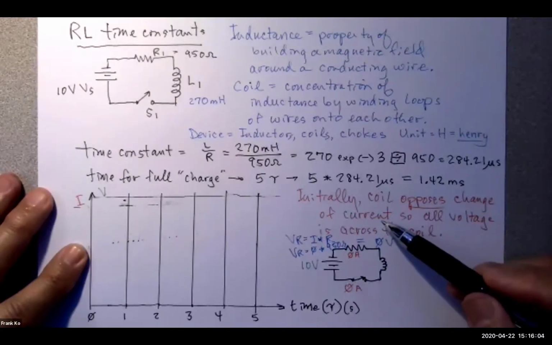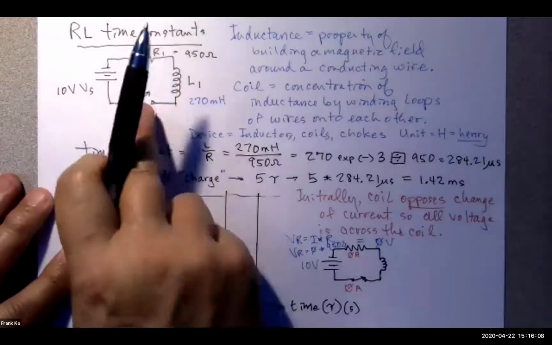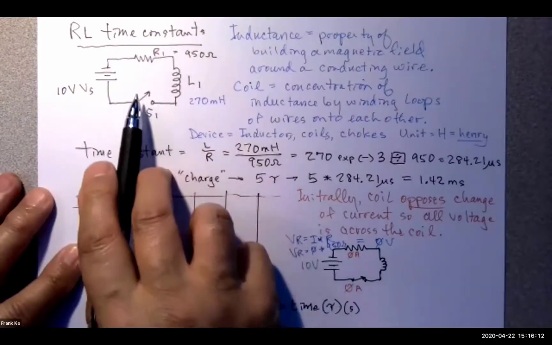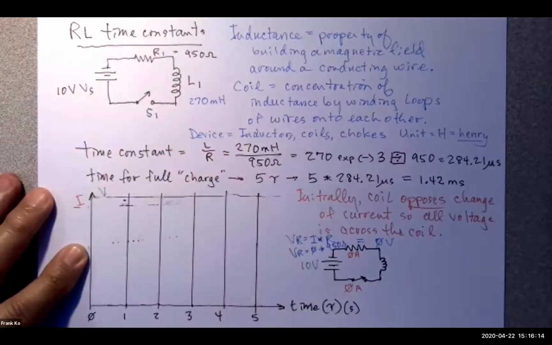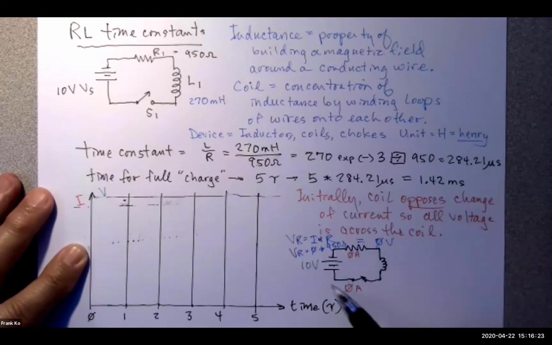I'll say, well, wait a minute. What change are we talking about? Well, initially, if the switch was open, there is no current, yes? The moment we close the switch, is there a change of current that could occur? Yeah, current could start flowing. What does the coil do? It opposes that change. No current flows at 0 time.